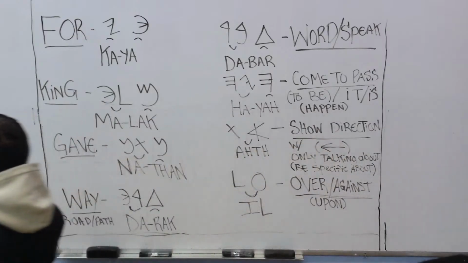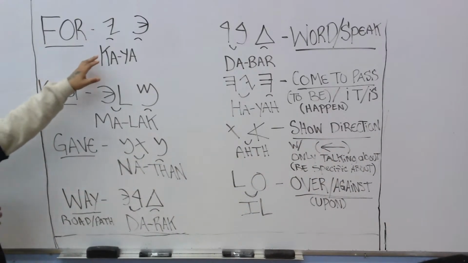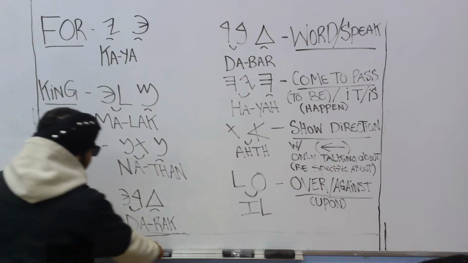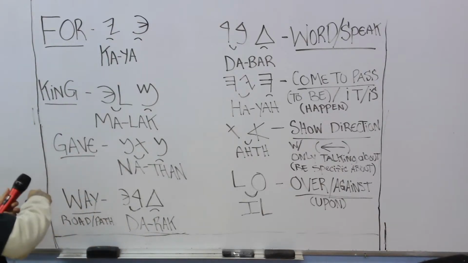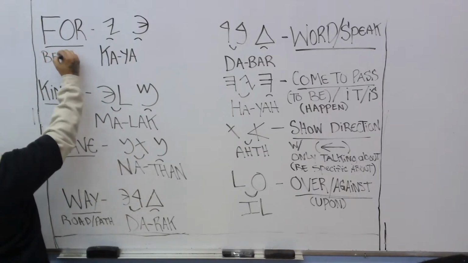Now on this side, you have the word for. The word for is kaya. The word kaya is used as for. I didn't write this on the board, but this word is also used as because. For or because.